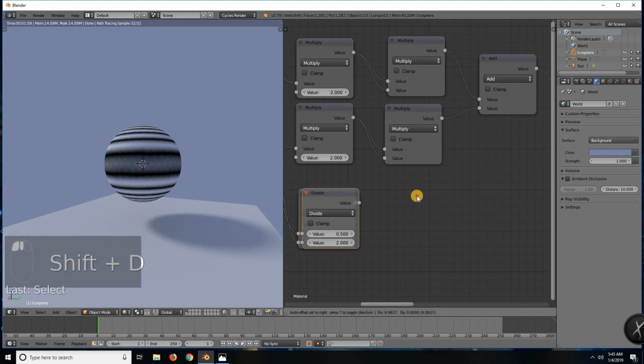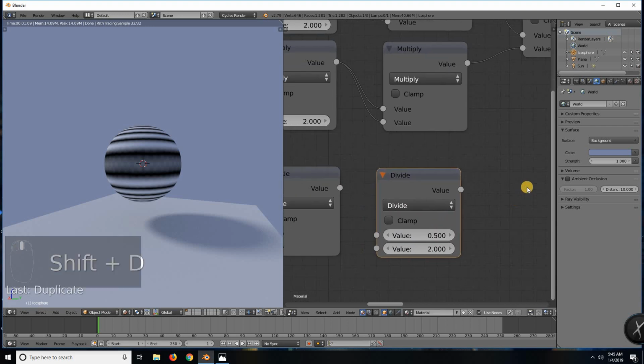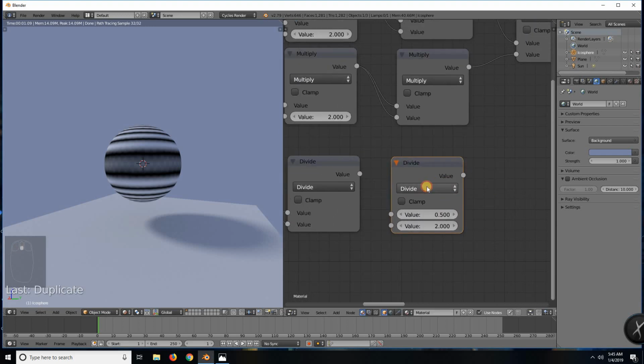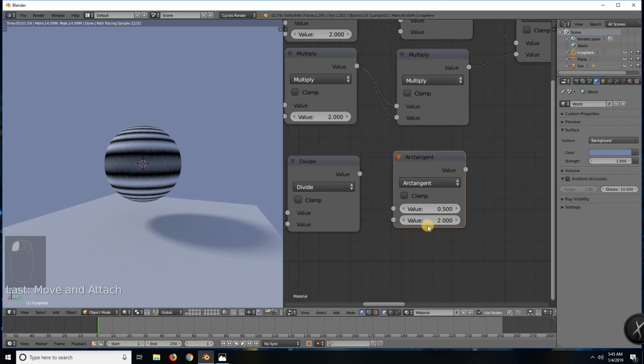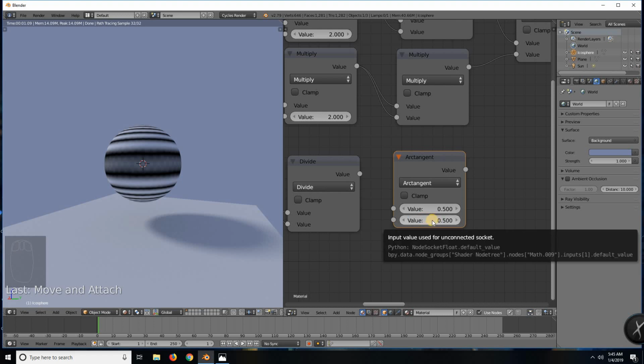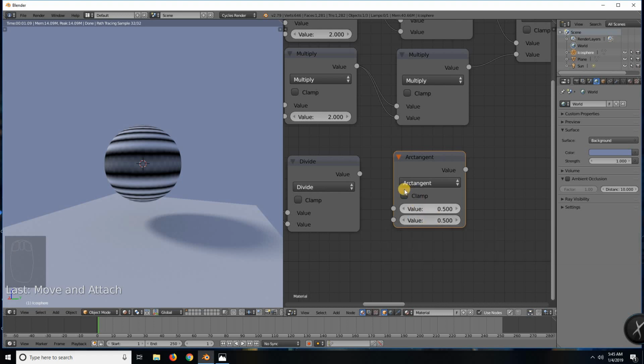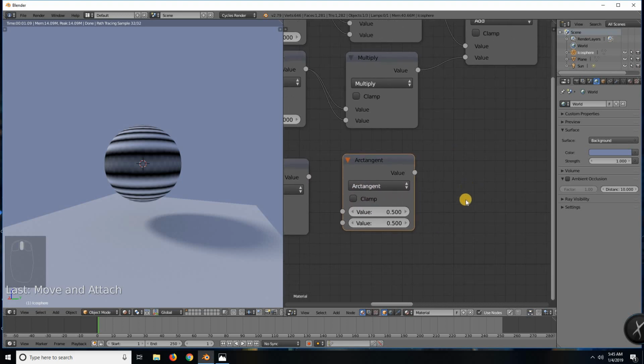Now the next thing we needed to do was to find the arctangent of that. So let's go up to arctan. And we don't have to worry about what this bottom value is. The default of 0.5 is fine, 100 is fine. It doesn't really matter because sine, cosine, tangent, arcsine, arccosine, arctangent, they're just a way of processing a single value and determining something else from it.